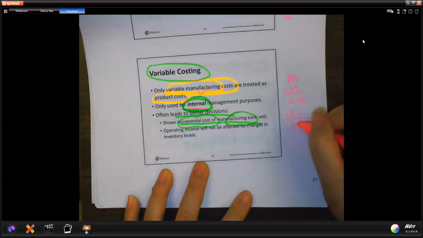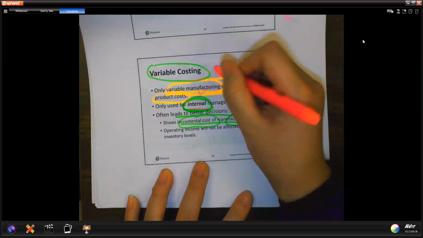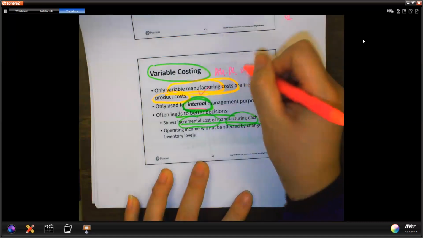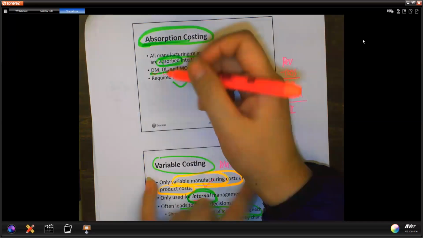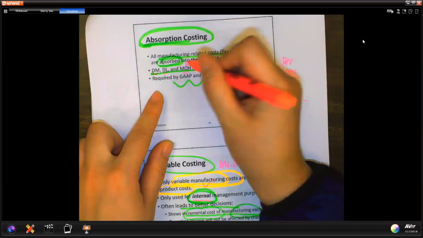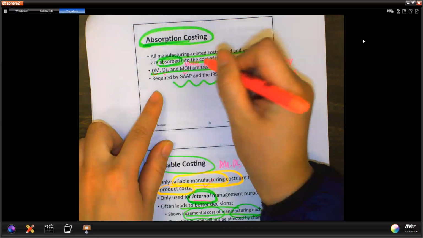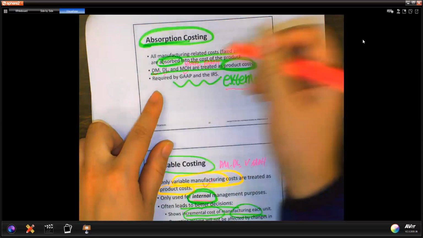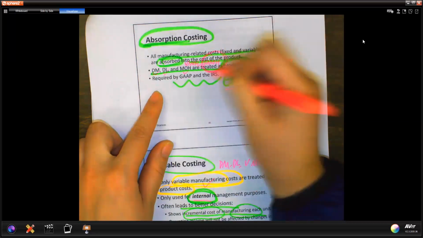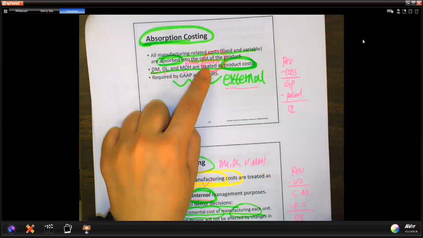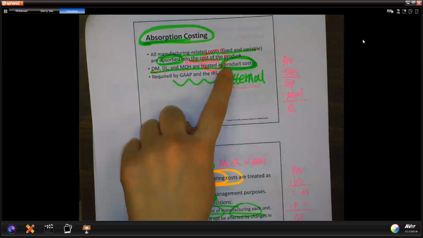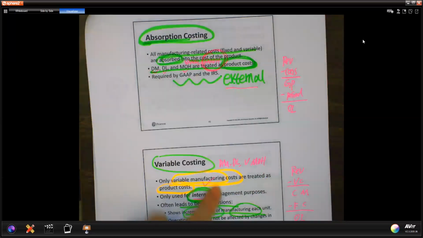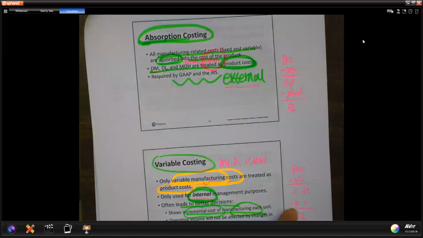So it only has direct material, direct labor, and variable manufacturing overhead, while absorption has direct labor, direct material, variable manufacturing overhead, and also fixed manufacturing overhead. The only difference is how they treat fixed manufacturing overhead. Under absorption costing, it is part of your product cost. Under variable costing, it becomes a period cost.